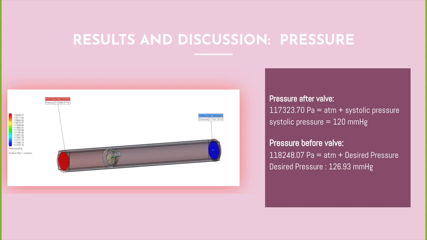And with the pressure, when there is a systolic phase, we need to have a pressure enough to open the aortic valve that is around 80 millimeters of mercury. And what we did here is that the flow is entering from the red circle in our image, and the pressure that is in the right corresponds to the environmental pressure plus the systolic pressure that we put, and we put around 120 millimeters of mercury.